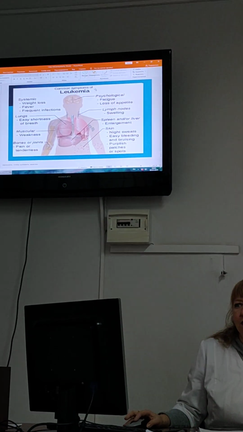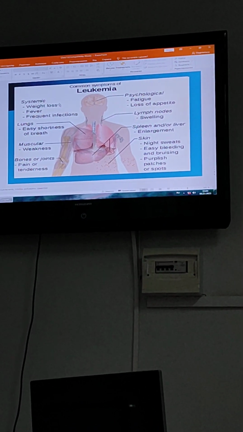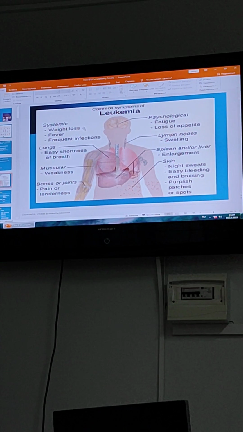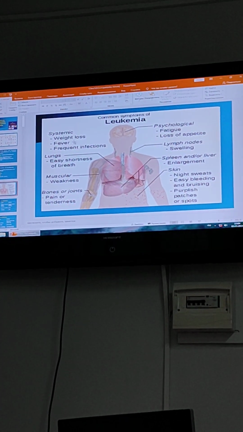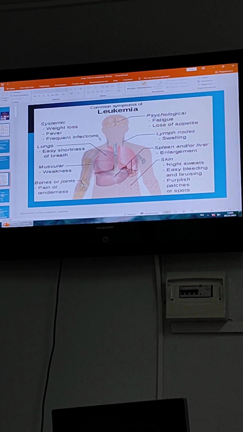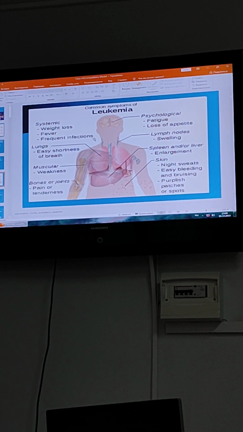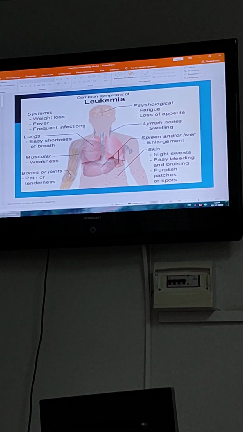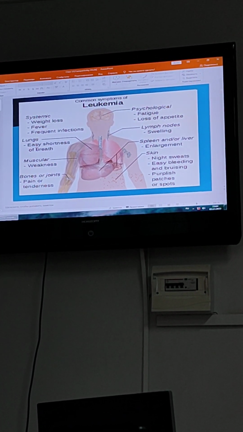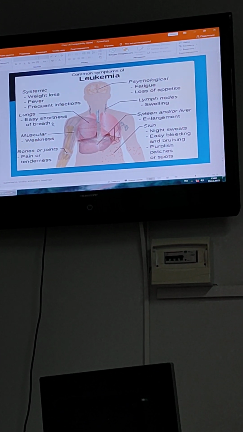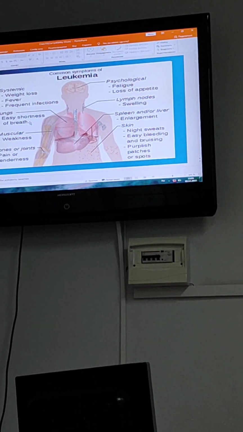Now, the symptoms and syndromes of leukemia which we discussed. Weight loss, why? Fever, frequent infections, frequently of monocytes and granulocytes: immune deficiency syndrome. Shortness of breath is the result of anemia, a compensatory process.